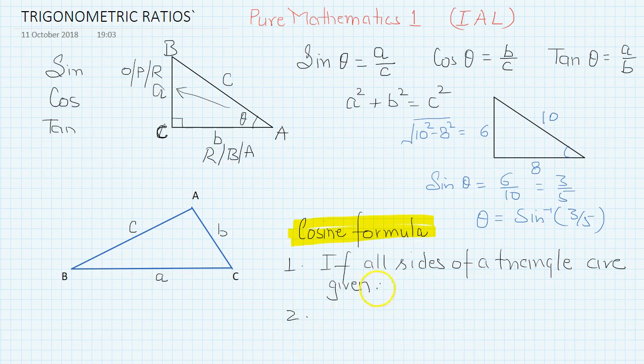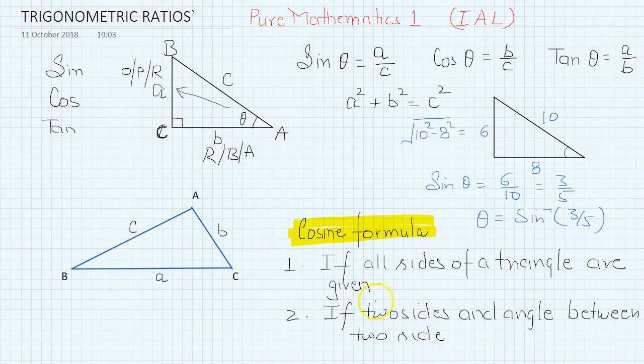And number two, if two sides are given and the angle between them. So these are the two conditions when we are going to use the cosine formula.